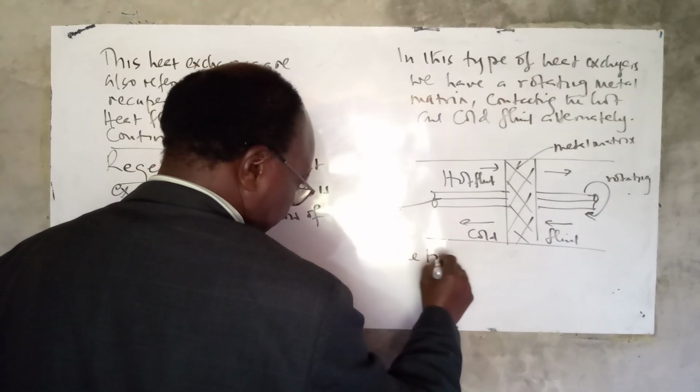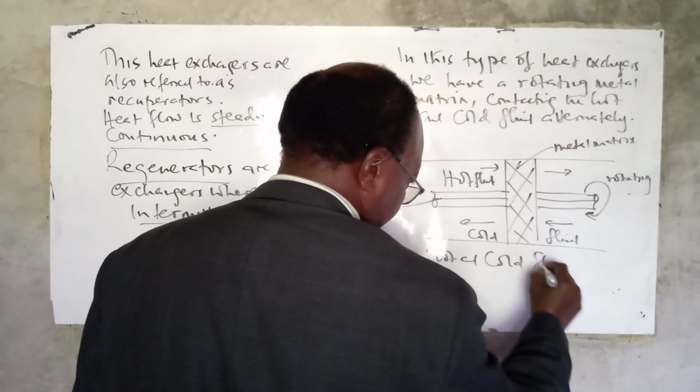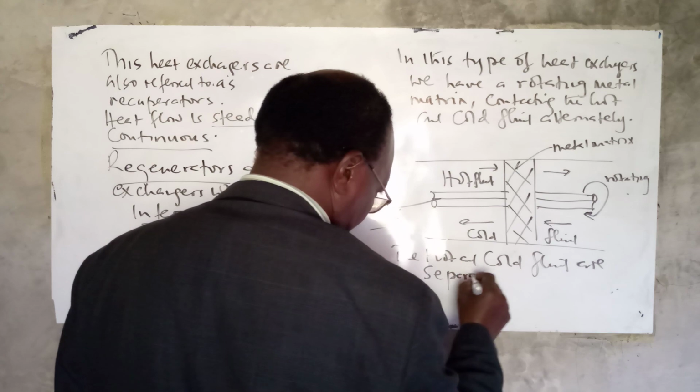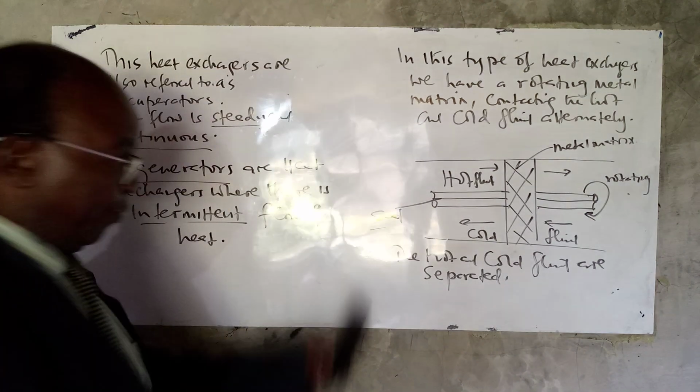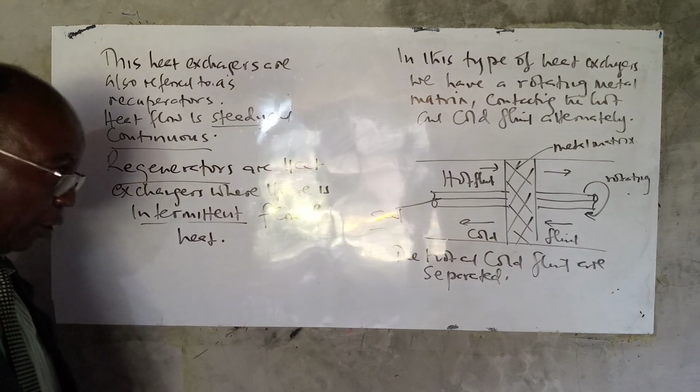The hot and cold fluids are separated, so that you can see the hot fluid is in the top chamber and the cold fluid is in the bottom chamber.